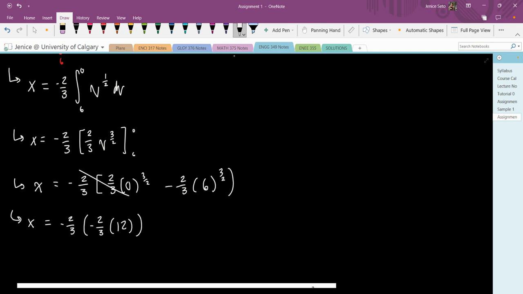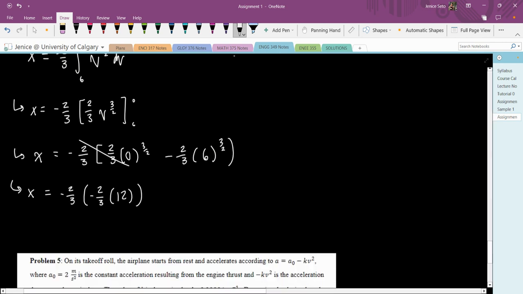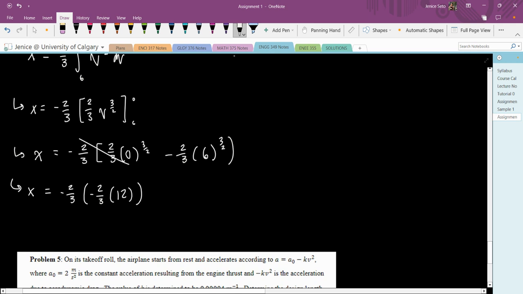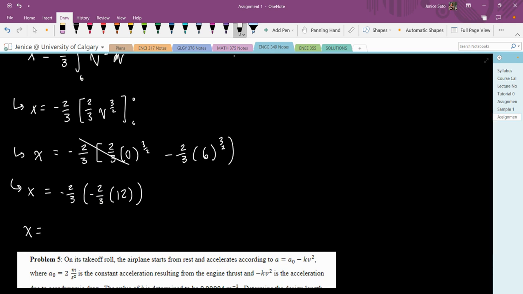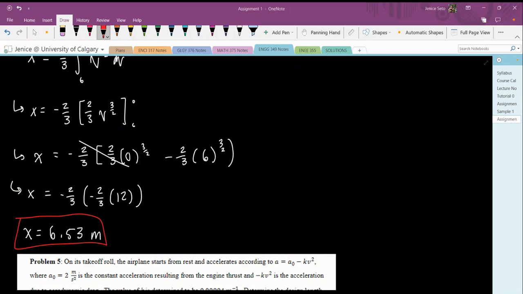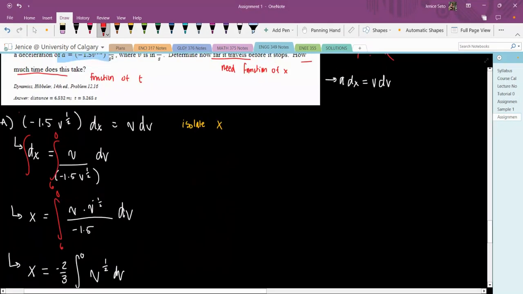So that's times negative 4 divided by 6. And that's going to give us x is equal to 6.53 meters. Okay, that's our first part done.